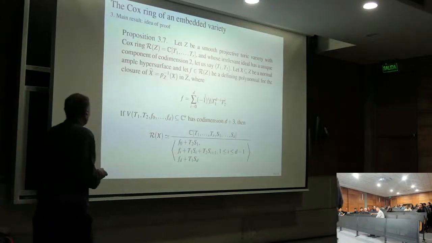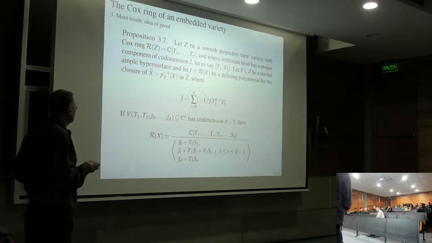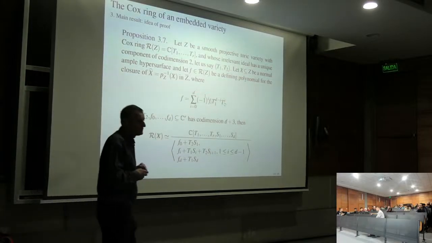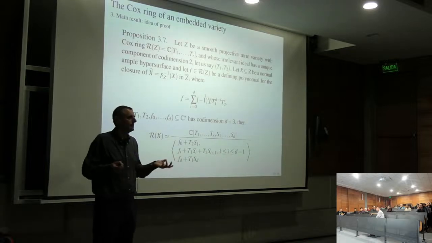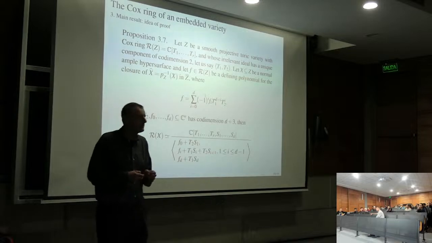So now there is one case where it is very easy to consider this, when you have Picard rank 2. In that case, smooth toric varieties of Picard rank 2 are very easy to classify.